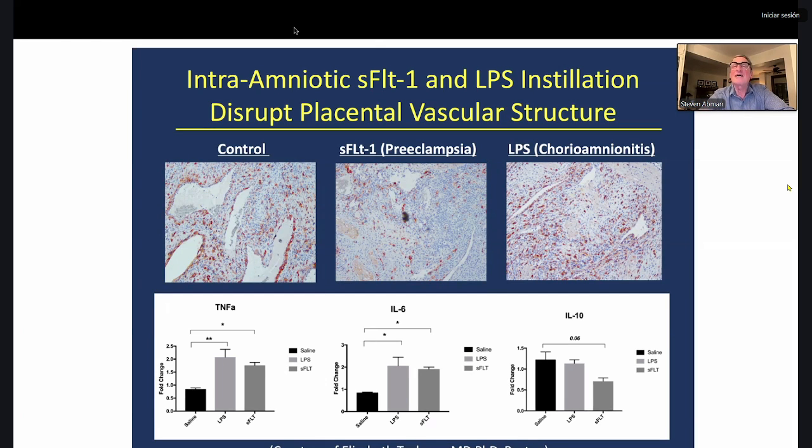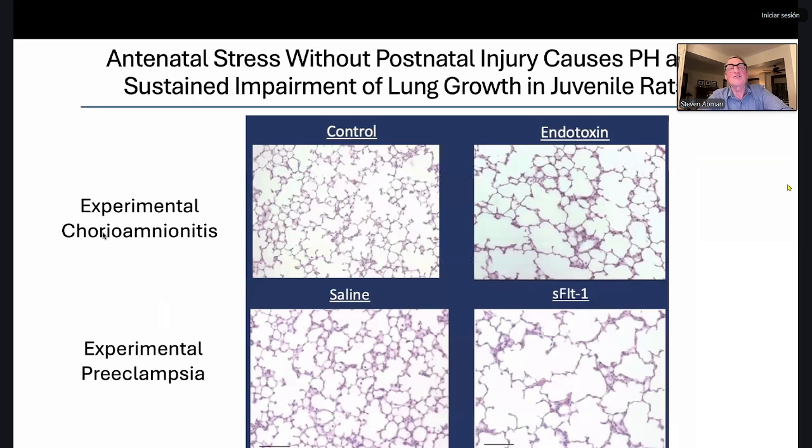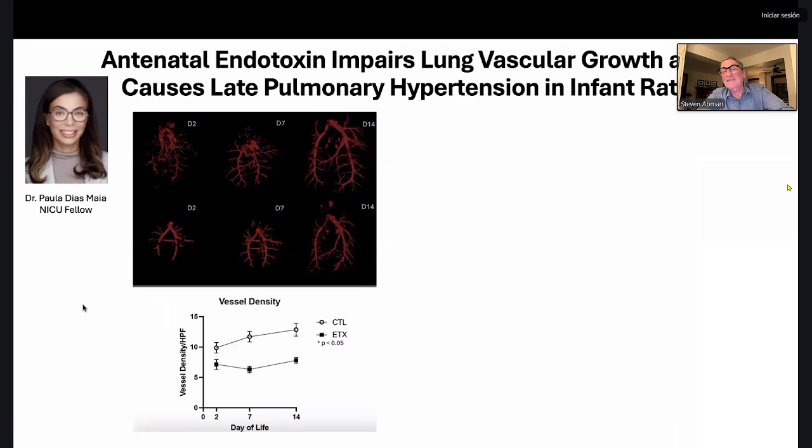Giving inflammation endotoxin to mimic chorio, the placenta is strikingly abnormal, and they both become pro-inflammatory as well as anti-angiogenic. And so these are what the newborn lungs look like. Endotoxin and S-FLT to mimic chorioamnionitis or preeclampsia. The vessels don't grow very well, but look at the distal air space. And so these models then made us think about that endotoxin is sufficient to cause these changes.